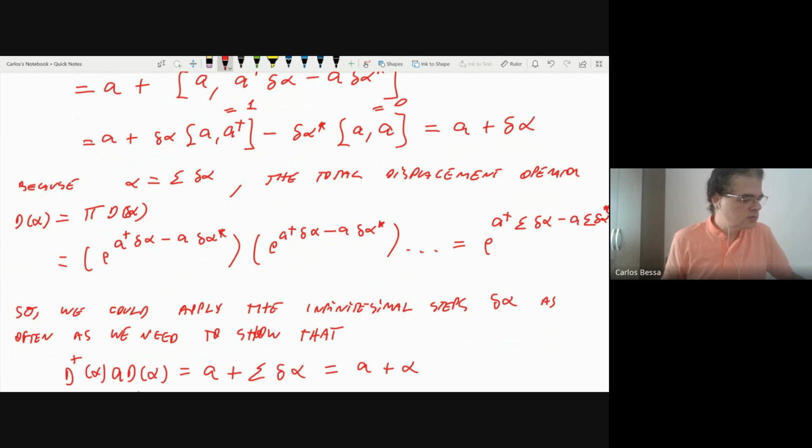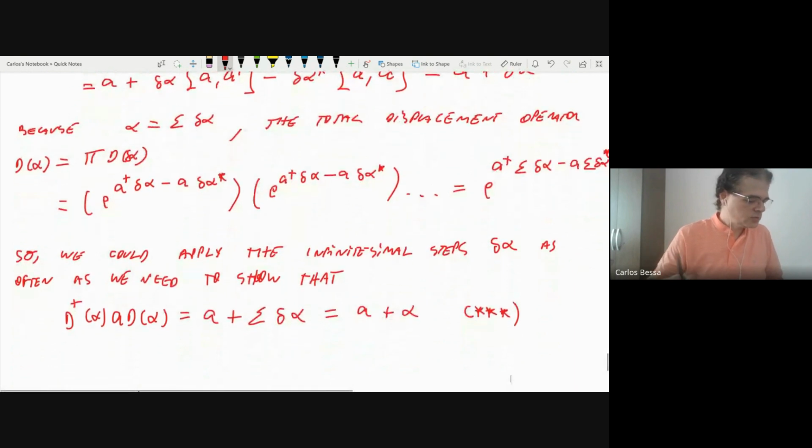Okay. So we'll call this three stars. And if we apply this, because of this property, this is important.